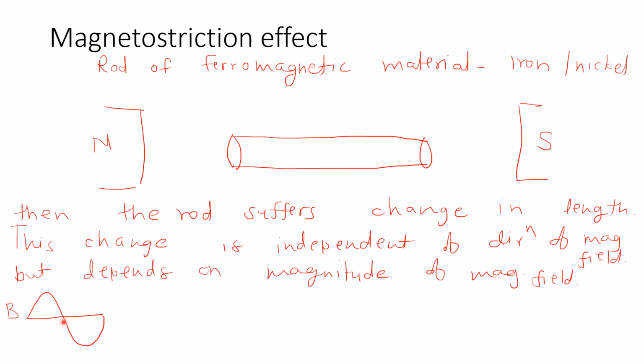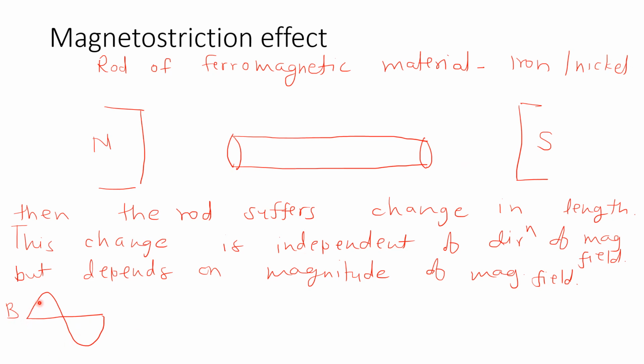Again, the magnitude goes on increasing in the negative direction here. So, the rod will again suffer expansion, and here it will again suffer contraction. So, if instead of a steady magnetic field, such a ferromagnetic rod is placed in an alternating magnetic field, then the rod will suffer alternate expansion and contraction.